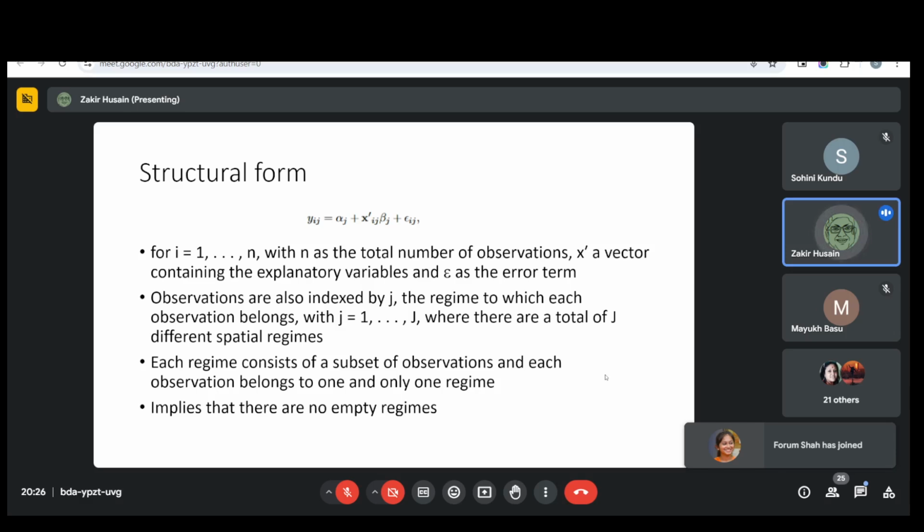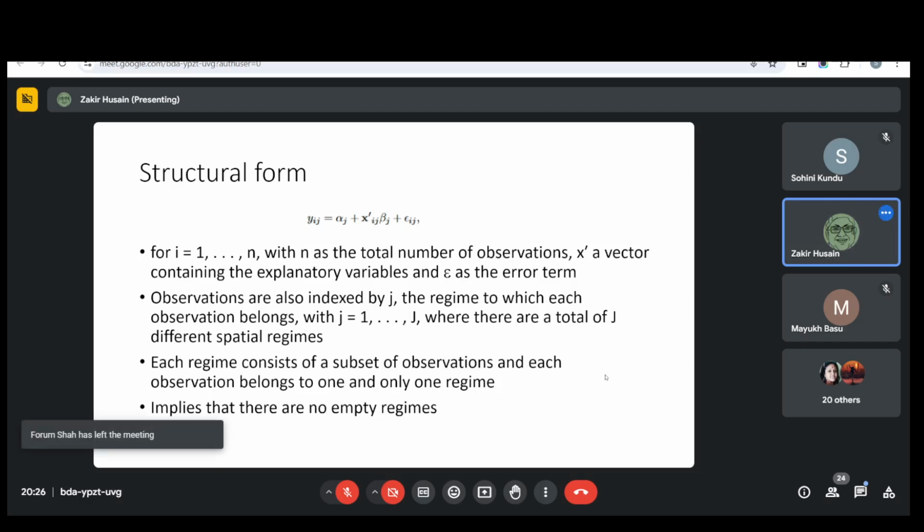So the structural form is given by Yij. I is the region and J is the regime. So if we consider the child data for India, I will be the districts, and it is divided into 6 clusters. So J will be 1, 2, 3. J will be the clusters.